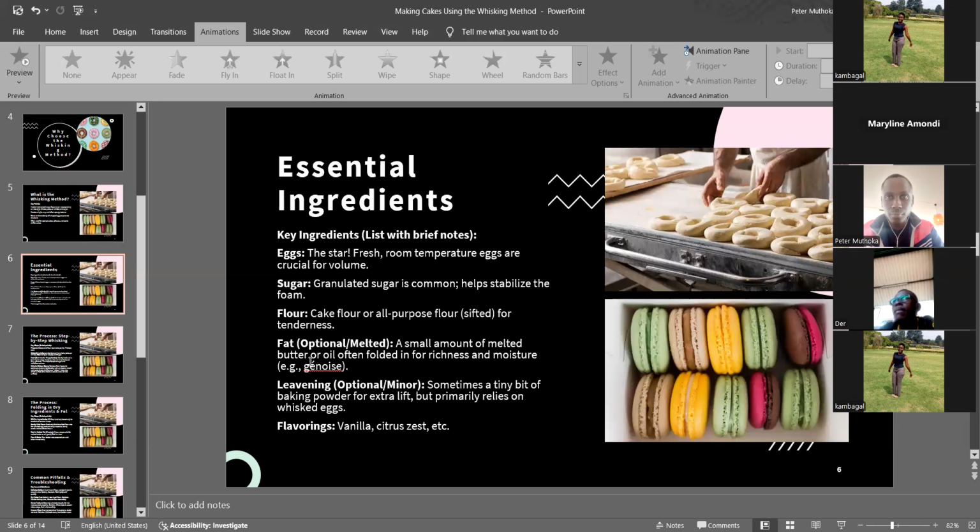Those are the basic ingredients required while making the cake. During your free time, go and check why we use eggs, why we need to use the sugar, and why we need to use the flour.